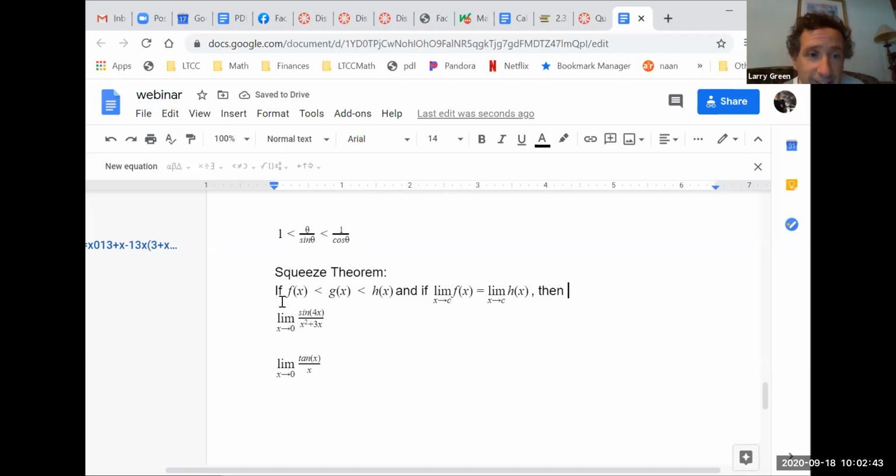Then, so the idea here is that in the limit, f and h go to the same place. g is always in between the two. So they're getting squeezed because f and h are becoming the same.